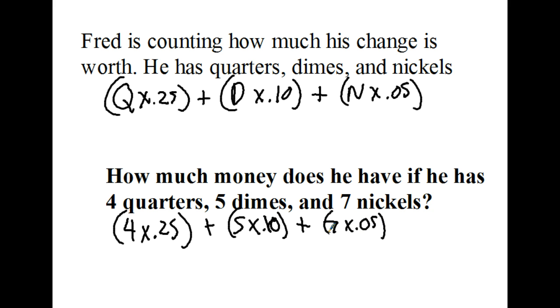Solve them. 4 times a quarter gets me to $1. 5 dimes, I'm at 50 cents. 7 nickels, I'm at 35 cents. If I add them together, $1, $1.50, $1.85.